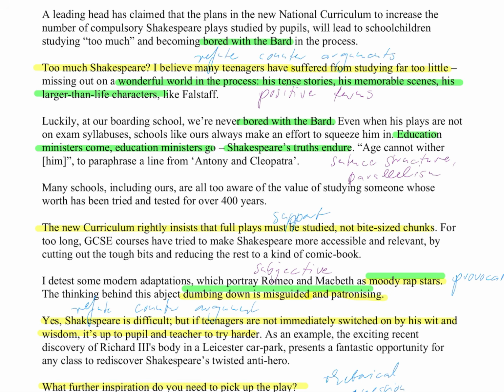So it's a parallel sentence structure where it's always subject and verb, and this is repeated 3 times. The first 2 are very similar, the last one is a little bit different, and it clearly stresses this idea of Shakespeare is timeless, even though education ministers might think differently about him.